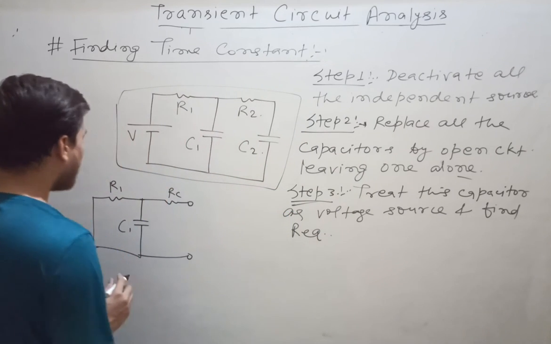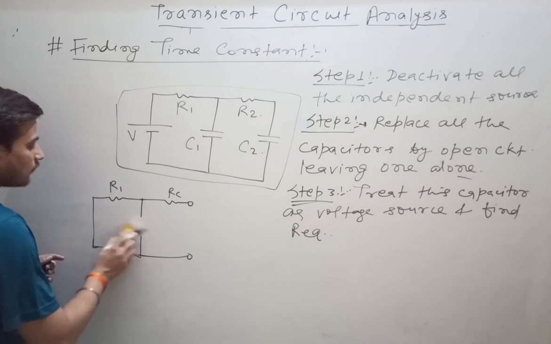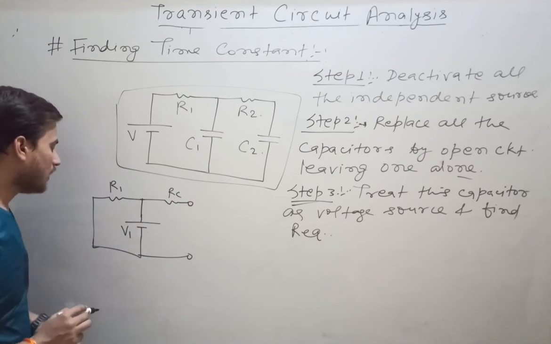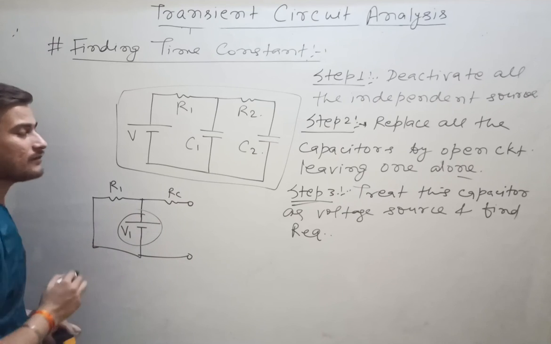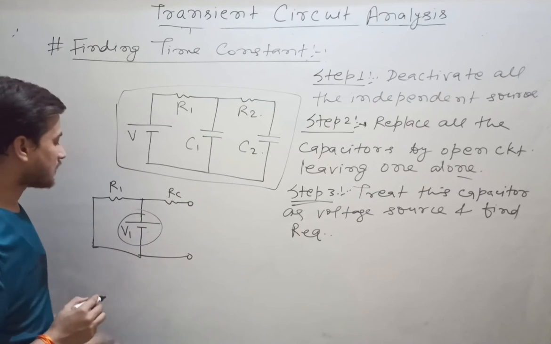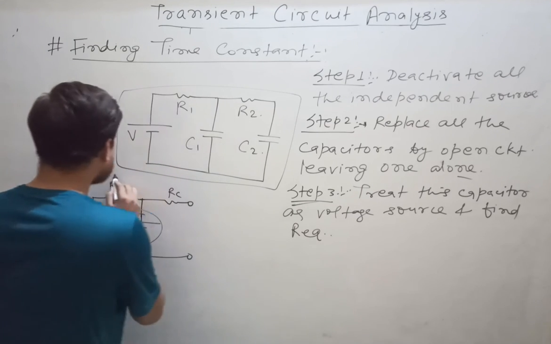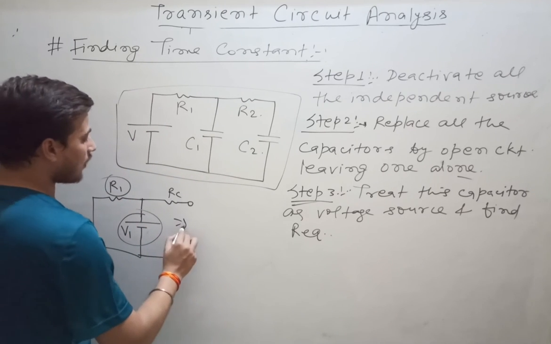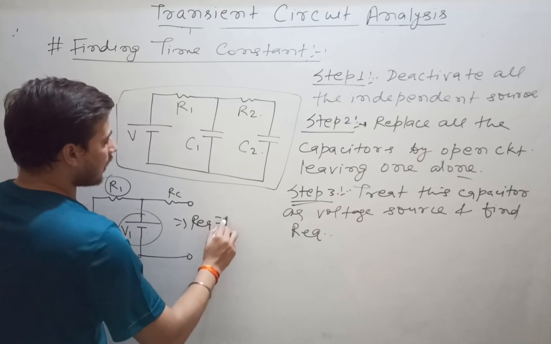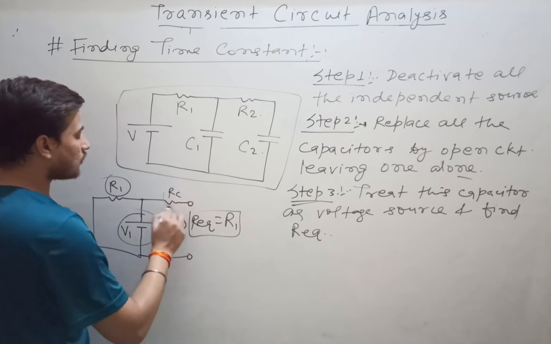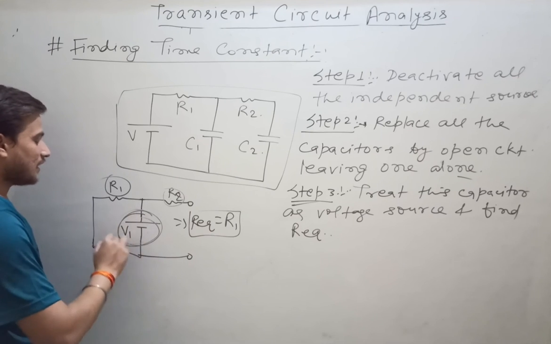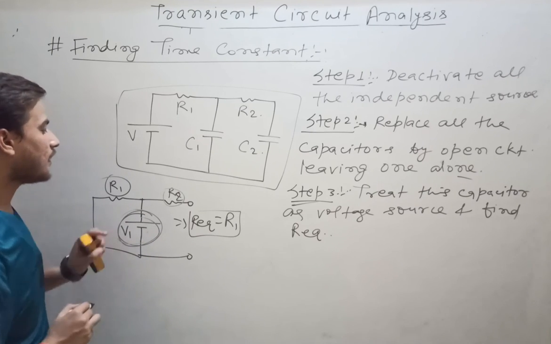Now you have to treat this capacitor as voltage source V1 and find the effective resistance for it. So here R equivalent will be equal to R1, because R2 is already open circuited and you have to measure the resistance from here. So equivalent resistance will be R1.